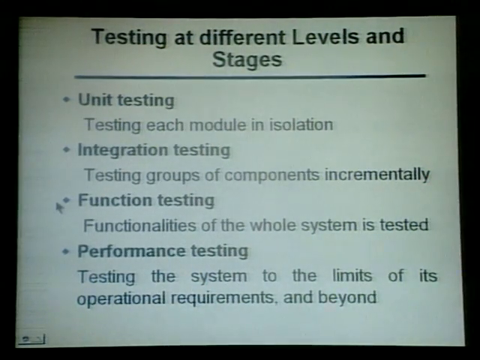We can also perform function testing to make sure that the system as a whole provides the functionalities required by the user. We can also perform performance testing, making sure that the system meets the performance requirements of the user.